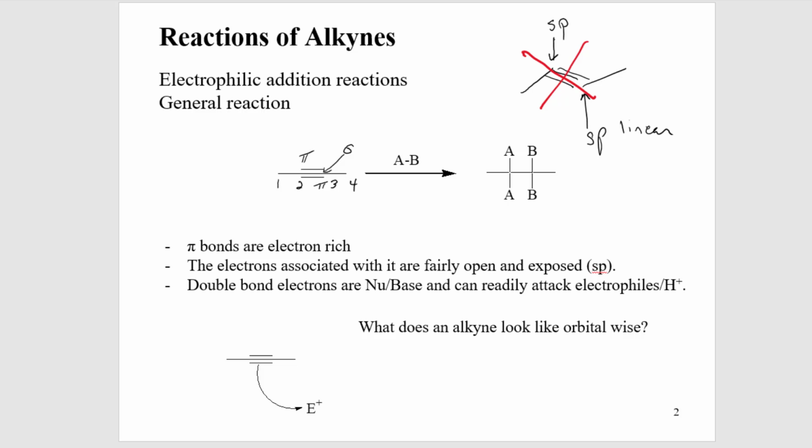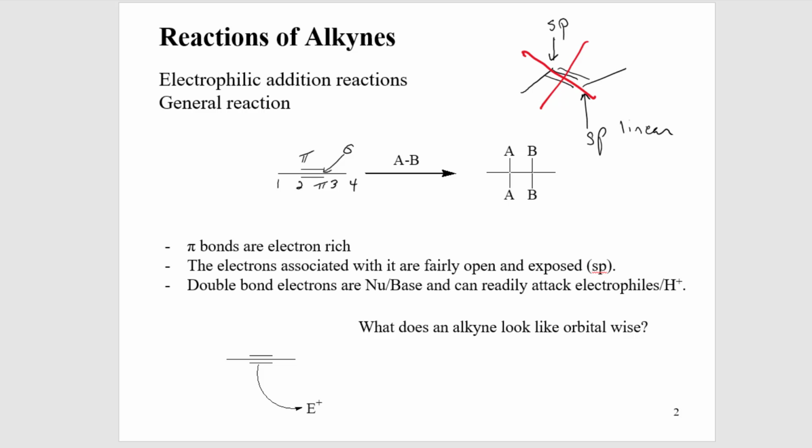So I've drawn it here, but sometimes students will miss the fact that there is a carbon 2 and a carbon 3. They only count the ends, but you've got to understand there are 4 carbons to this system. So we've got a very electron-rich area between carbon 2 and carbon 3. And these electrons, just like the alkenes, will be serving as our nucleophile.